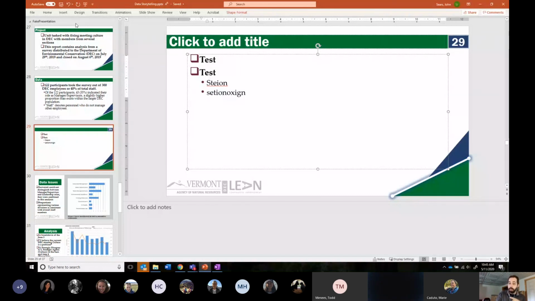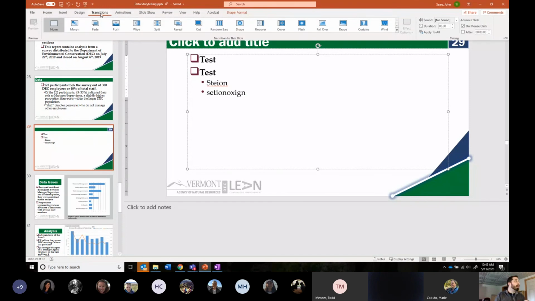So Marie asked what happens if you paste into a PowerPoint from another presentation. It will change if you use the elements that came by default. So I'm using the default box here, and if I type stuff in this and then I copy and paste this slide to another presentation that has a different format, it will take on a different format.